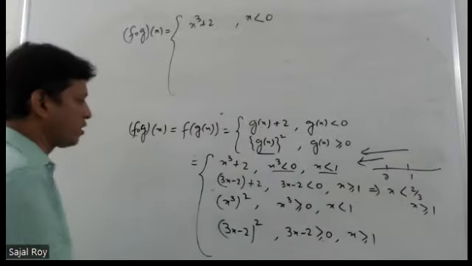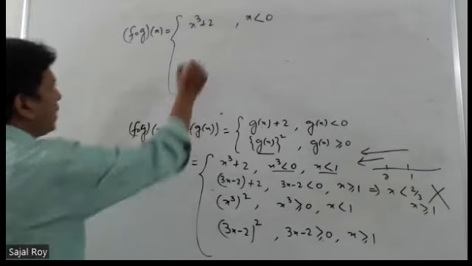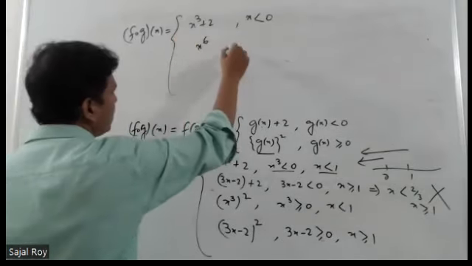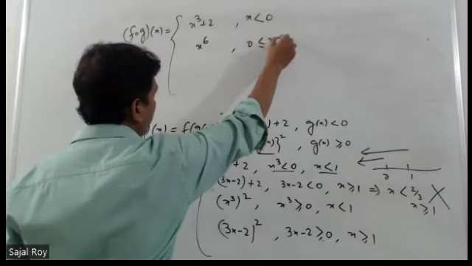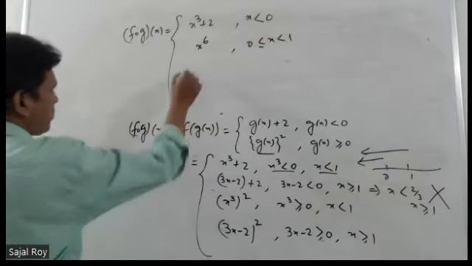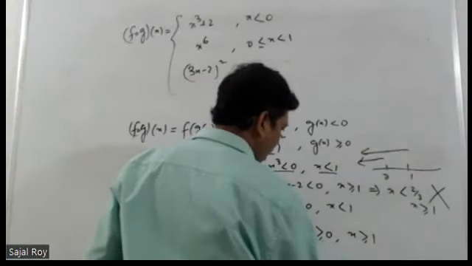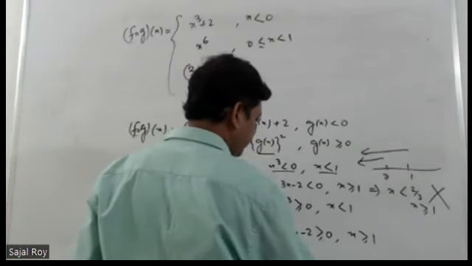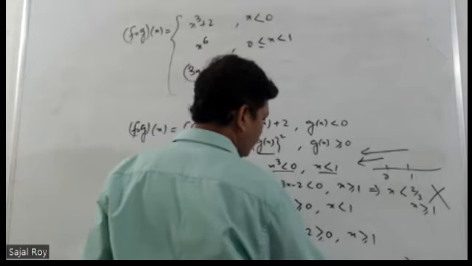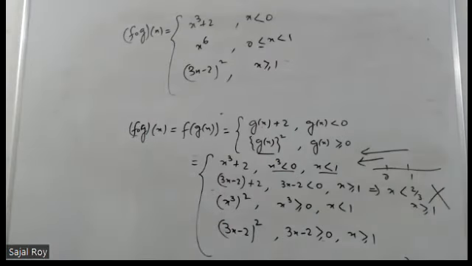There is no common region, so you have to cancel this part. The next part is x to the power 6 with 0 less than or equal to x less than 1. And the last part is 3x minus 2 whole square, x greater or equal to 1 and x greater or equal to 2 by 3, so x greater or equal to 1. That's the most simplified form.